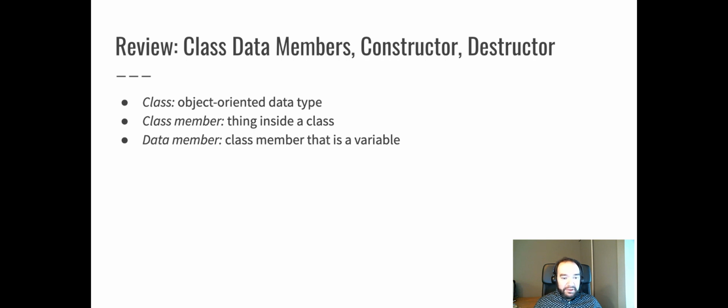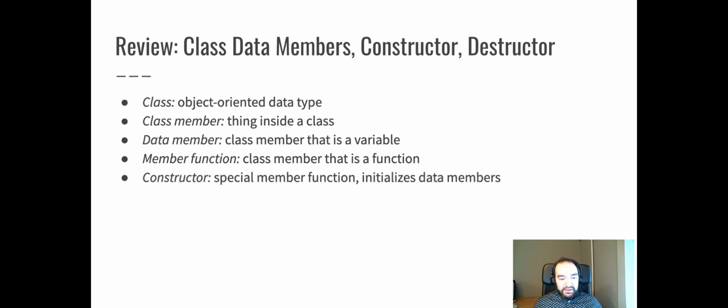First, a data member is a class member that is a variable. So this is where you store regular data inside an instance of a class in a data member. A member function is a class member that is a function. So you can call it, it can return things, it can have arguments. It's a member function of a class.